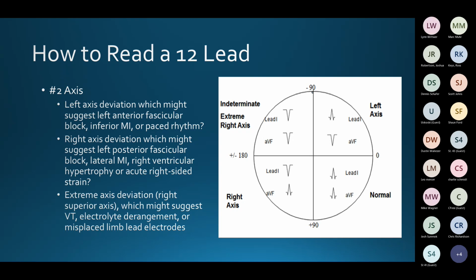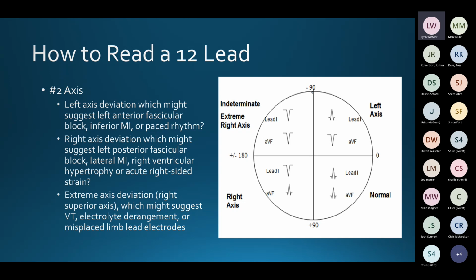In left axis, the primary is up in lead 1 and down in AVF. And in right axis, it's down in lead 1 and up in AVF. And in extreme right axis, it's down in 1 and down in AVF as well.